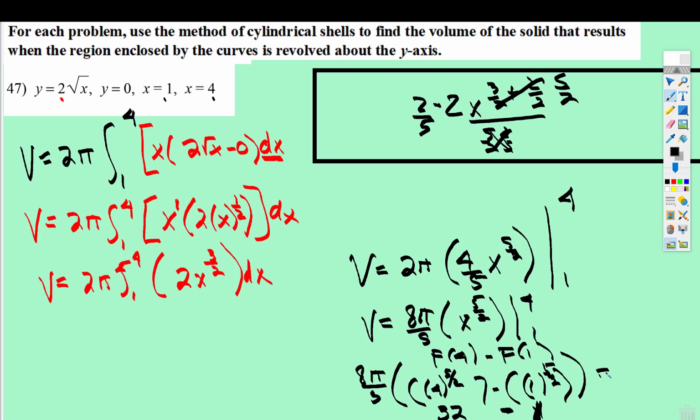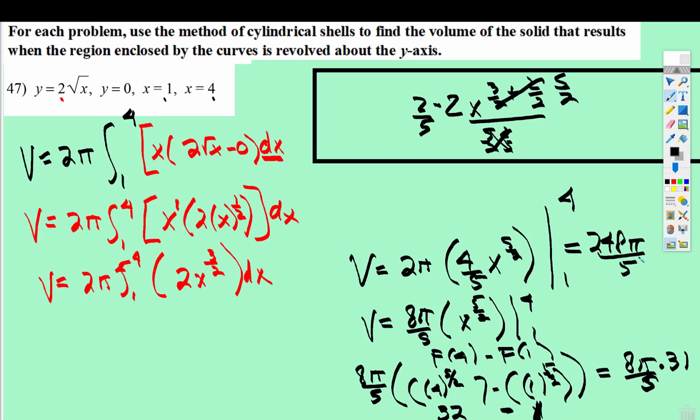So now you have 8 pi over 5ths times 31. So 248 pi over 5ths.